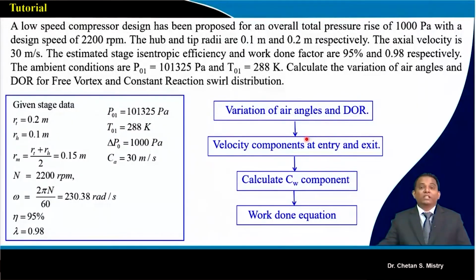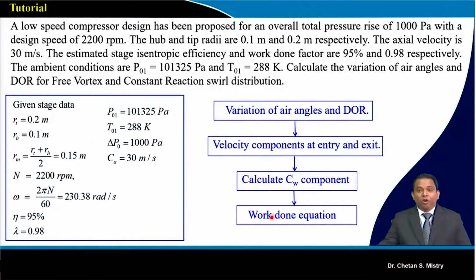When I say velocities, I mean the absolute velocities and the relative velocities. Based on that we will calculate our CW, that is, my whirl component, because that is important in order to calculate your degree of reaction. This CW you can calculate based on the work done given to you.